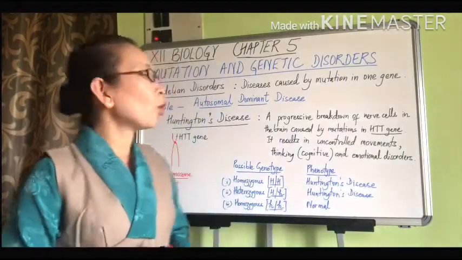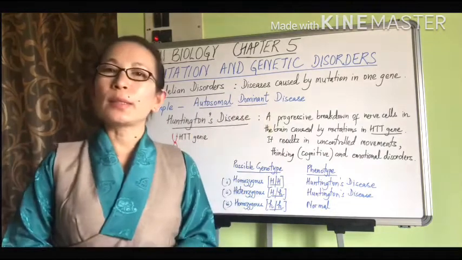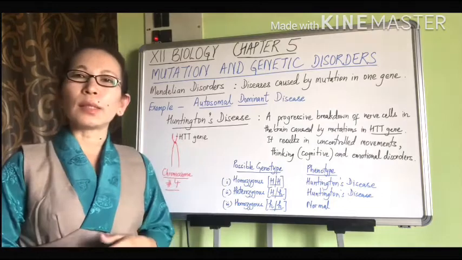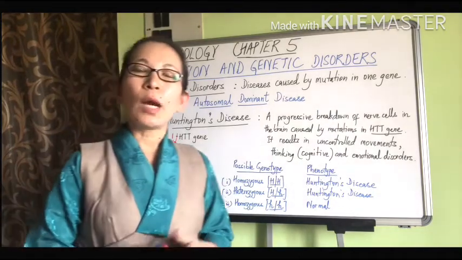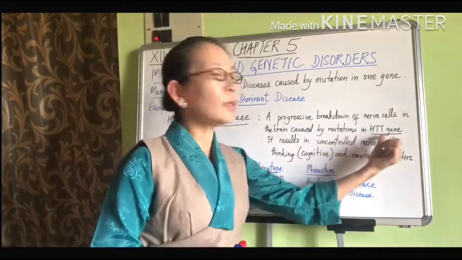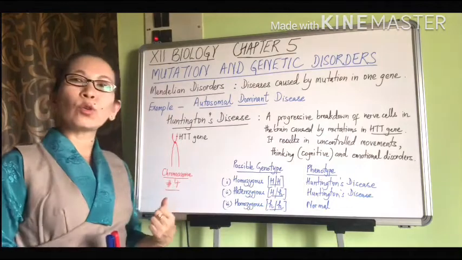Another type of autosomal disorder is the autosomal dominant disease. One such example I've taken here is Huntington's disease. Huntington's disease is a progressive brain disorder caused by mutations in the HTT gene, which is located on our 4th chromosome.